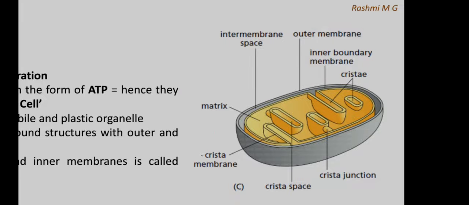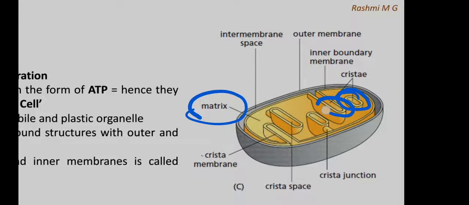And inside the inner boundary membrane there is a matrix, a larger internal space which contains double-stranded DNA, mitochondrial ribosomes and various proteins. And there is a cristae here.